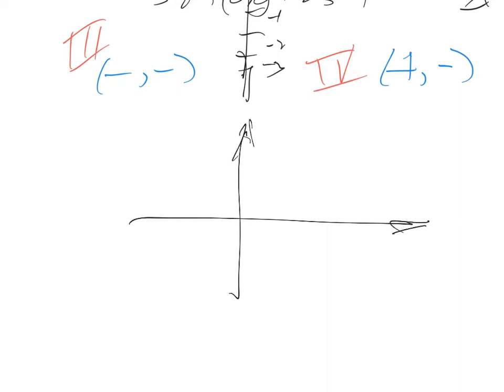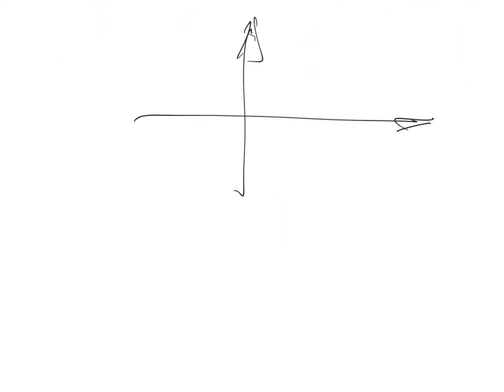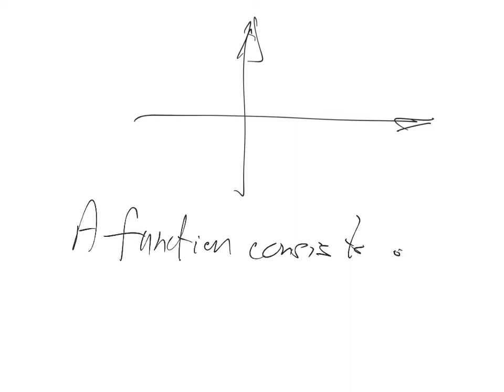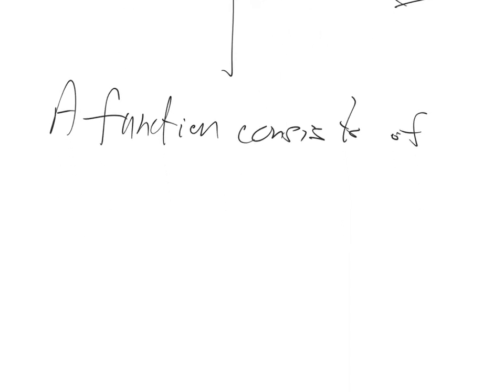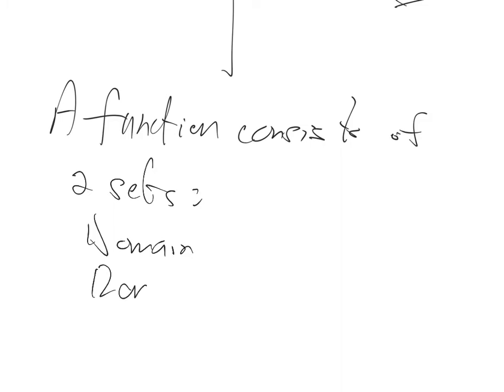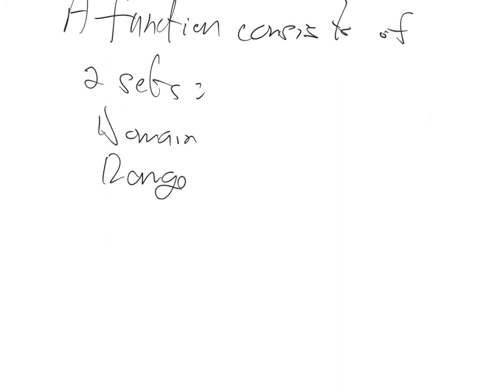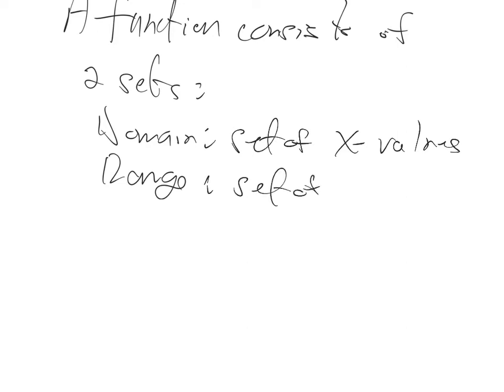Well, first of all, function is a concept that has the following definition. A function consists of two sets: domain and range. The domain is a set of x values. Range is a set of y values.